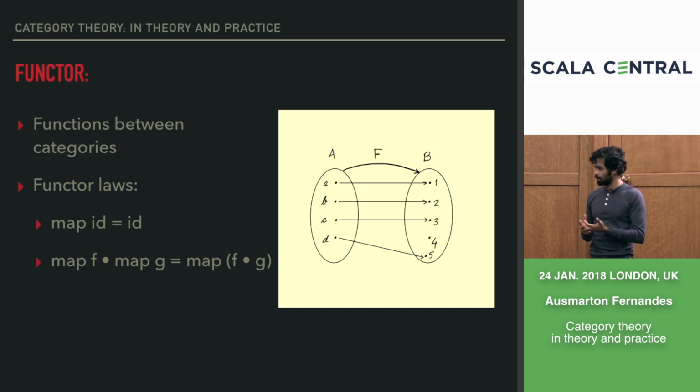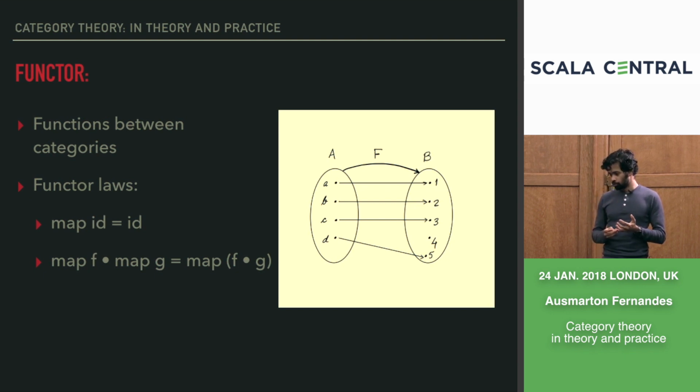Now f in this case is a functor between A and B. What it does is translate a to 1, b to 2, and so on. So A and B in this case would be categories. There are some more rules to it, but in general, any mapping from one category to another, it could be itself as well, is a functor.